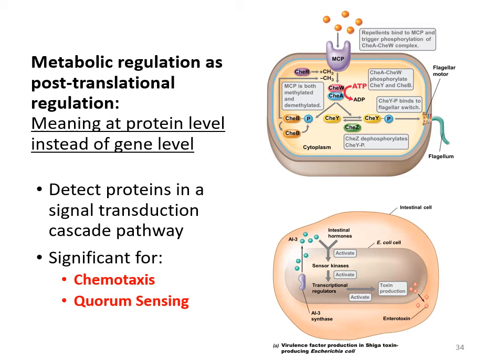Because think of it, if you're a single cell with no other bacteria friends nearby, and you use these resources to produce a toxin, it's not going to do much to the host. You just wasted resources. So a lot of bacteria will wait until there's a good number of other cells present before they start producing these other proteins or toxins. So that's quorum sensing.